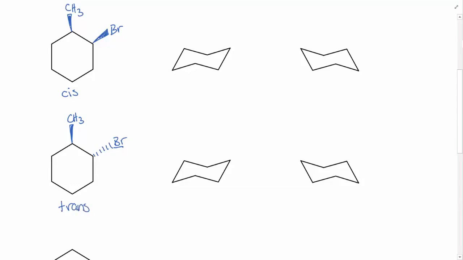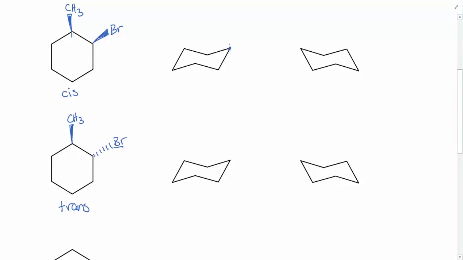If we wanted to put these into chair conformations, then over on this chair conformation on the right here for the first one, we just need to pick any carbon as being our number one, which I'm going to arbitrarily put as the one with the CH3 on it. So let's say that I picked this carbon right here to be that number one carbon. Well, CH3 goes up.